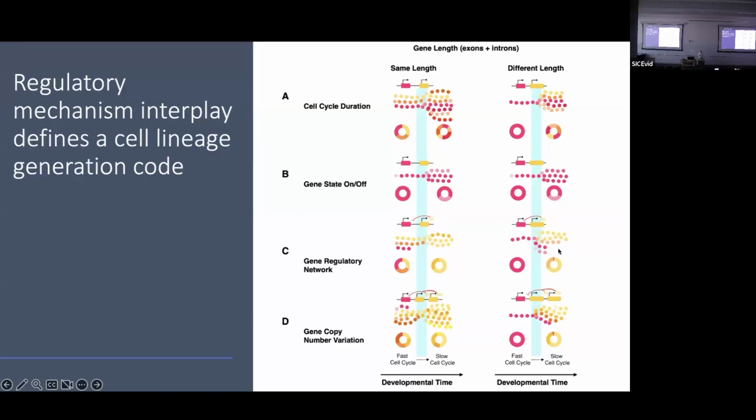So we hope that this organization of these parameters into a single figure can help, one, to understand how patterns might be generated in the real system, but also in the future to understand how to change these parameters to generate different patterns.